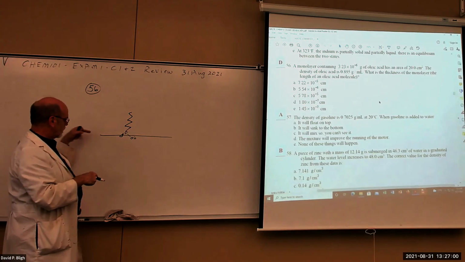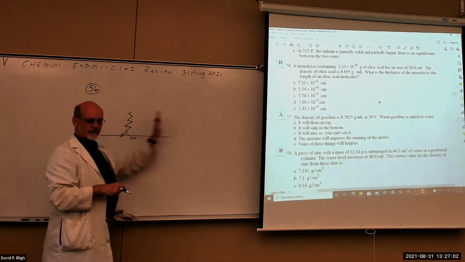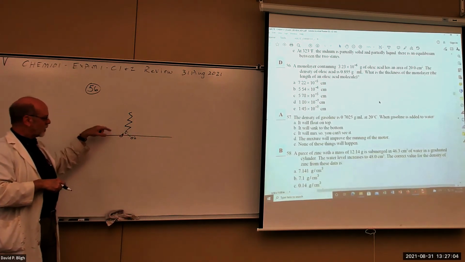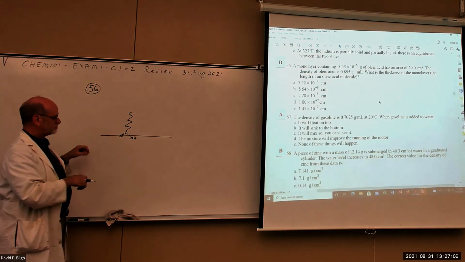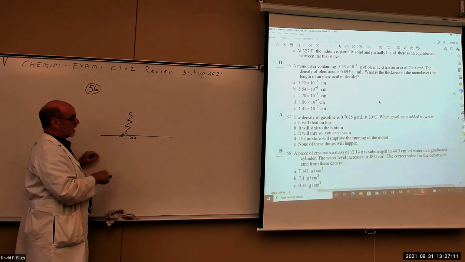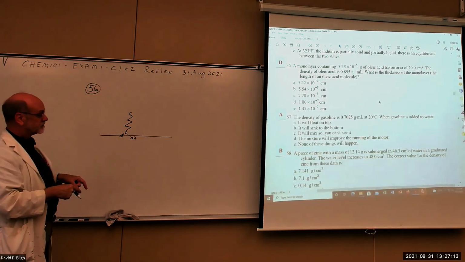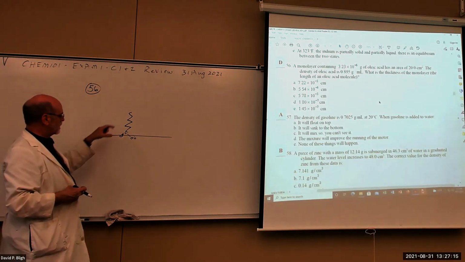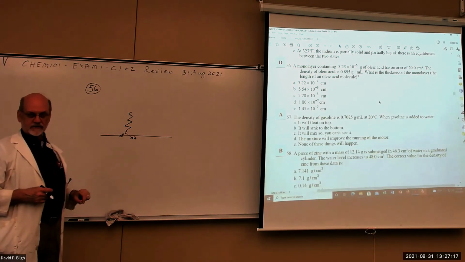So they stand up on their end like that, all the way across. So if you're given these facts, then you can determine how big that molecule is.